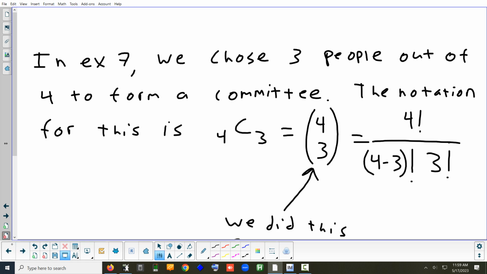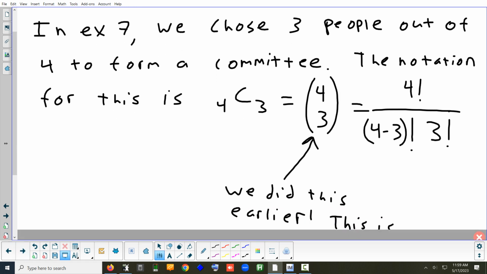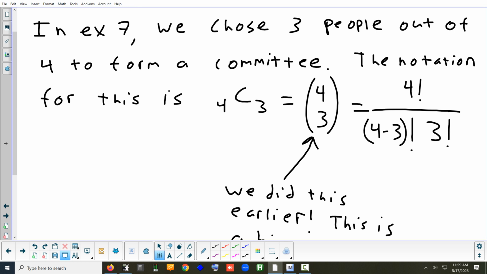Okay, so the notation for choosing a certain amount of people out of a group, we did that notation yesterday. If you're picking out of 4 people and you're going to choose 3, 4 choose 3, that is a combination. And the formula for that is n factorial over n minus r factorial, r factorial. We've done that before.